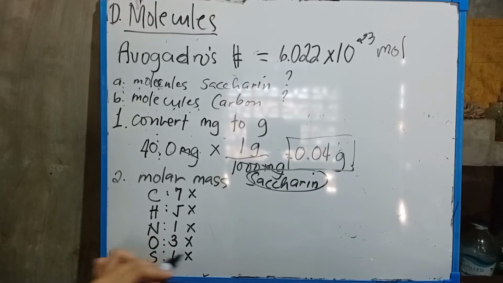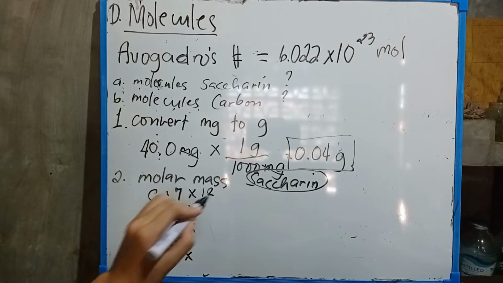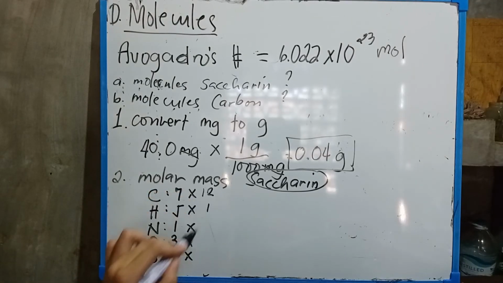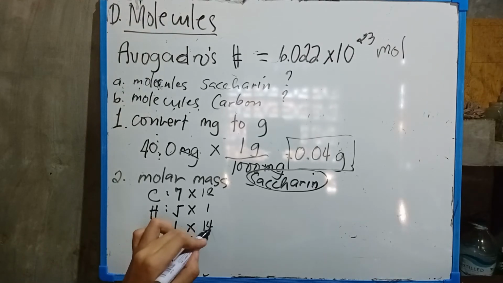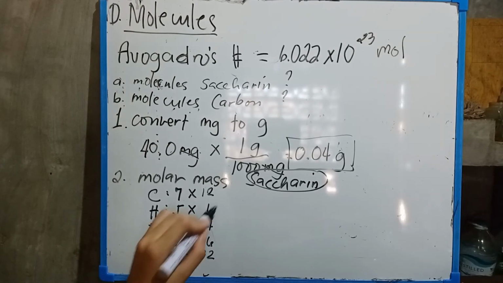So each of them, kailangan na to i-multiply sa ilahang atomic mass. So 7 times 12, 5 times 1, nitrogen is 14, oxygen is 16, and sulfur is 32.